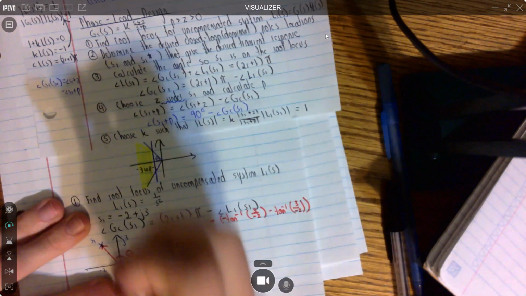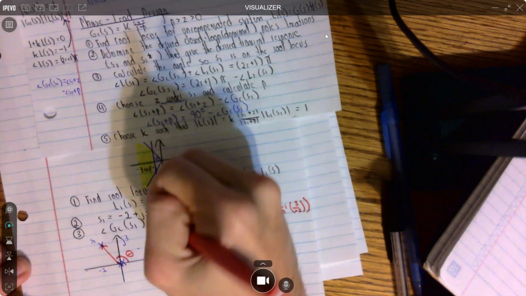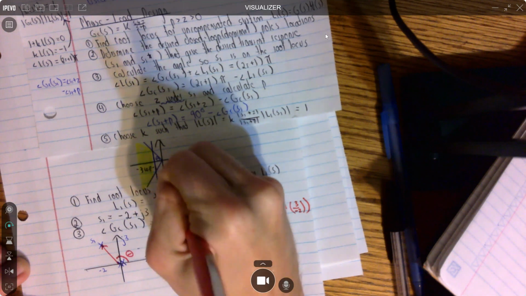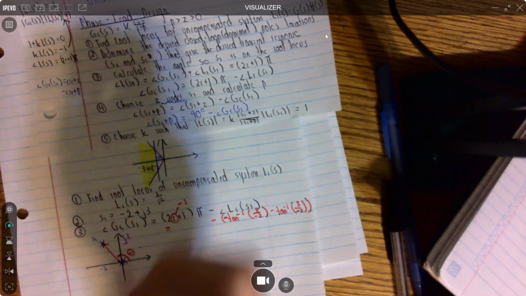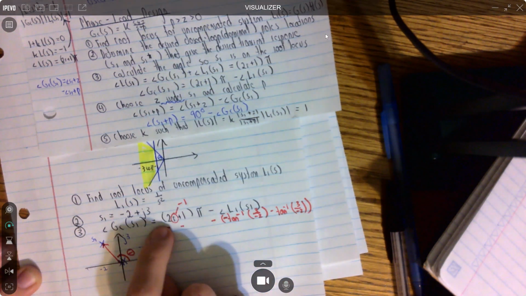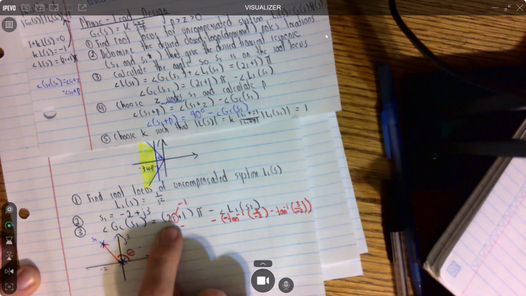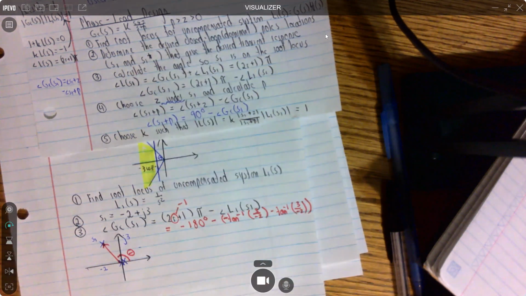And so I'm going to choose my r to be -1 here, so that my angle is going to be within the range I want it to be. So you're going to see what I mean by that. But this would be negative. So if I have -2 plus 1, that's -1. So -1 times pi, that would be -180 if I'm just going to put this all in degrees.